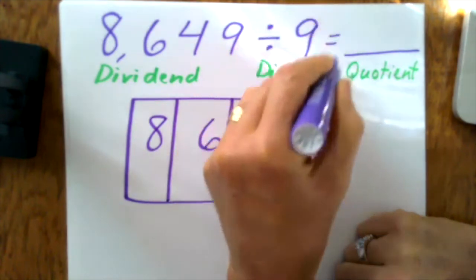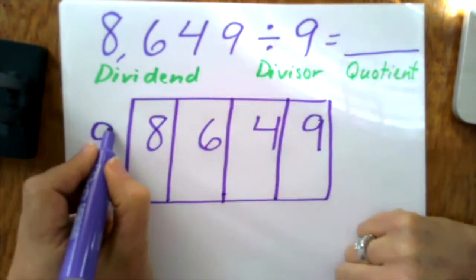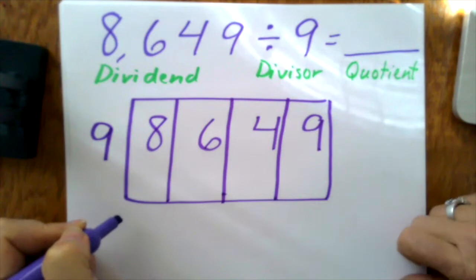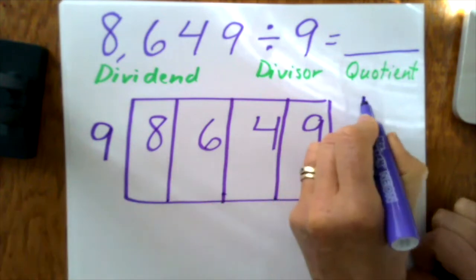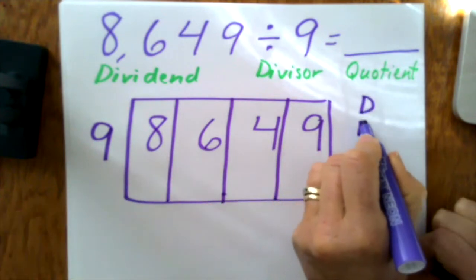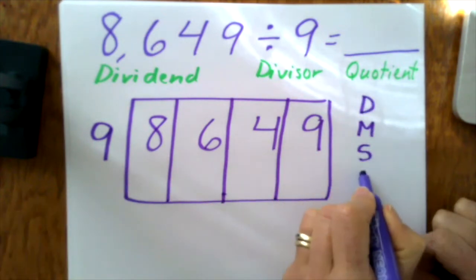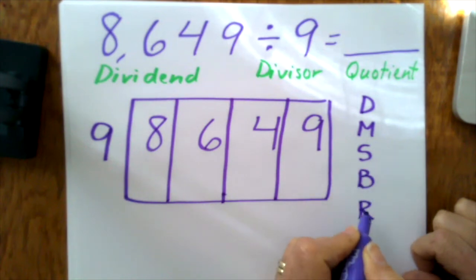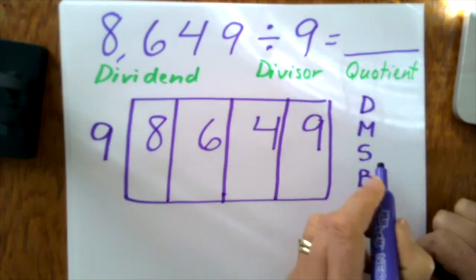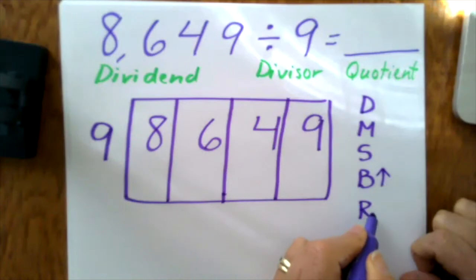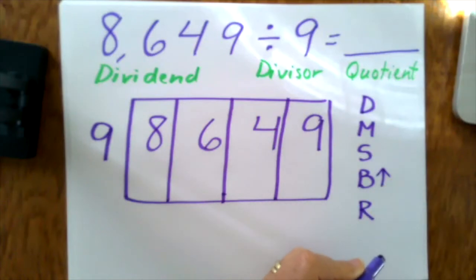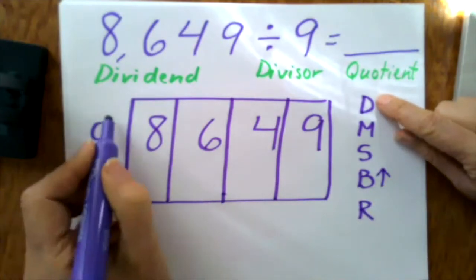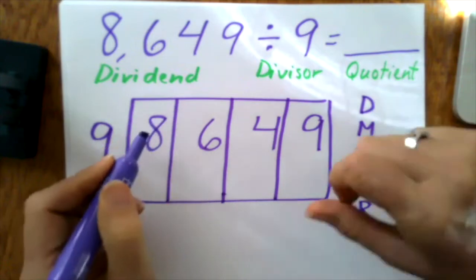And then we take the divisor and put it on the outside of the box. Now we write our mnemonic: daddy, mother, sister, brother, repeat. And that stands for divide, multiply, subtract, bring up, repeat. Here we go. So how many 9s are in 8?